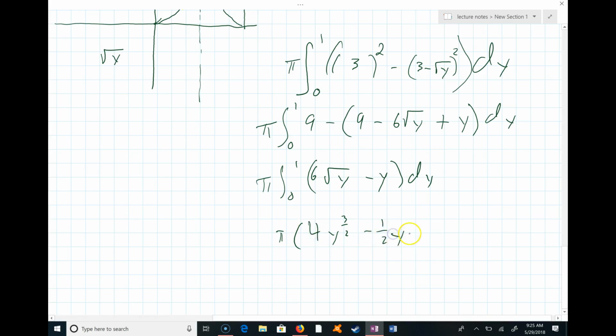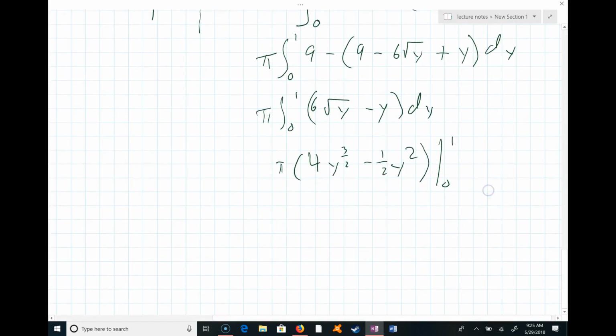Minus 1/2 y squared. Yeah, that works. So then when we plug in 1, we get 4 pi minus pi over 2, which is 8 pi, that'd be 7 pi over 2.